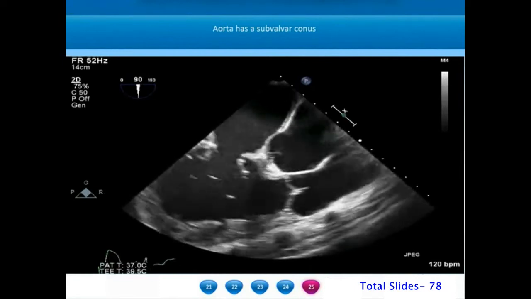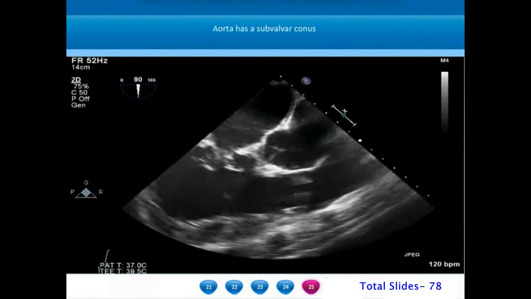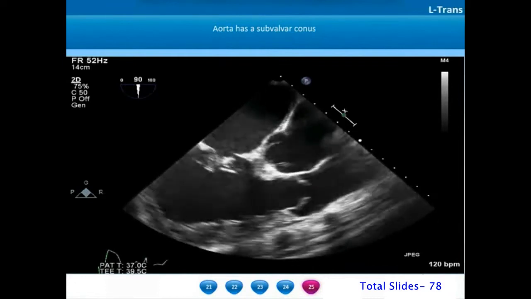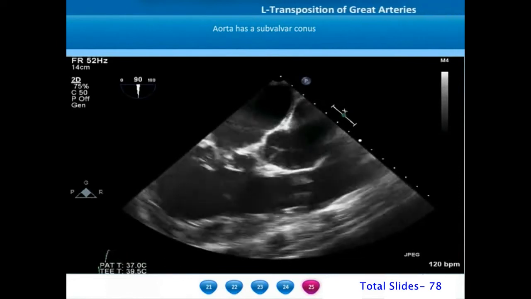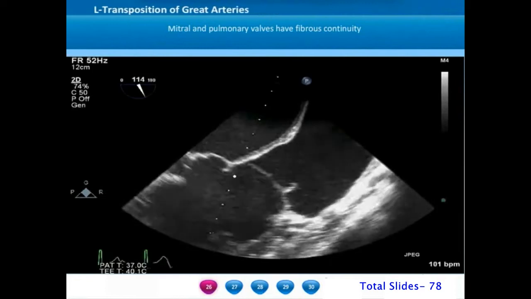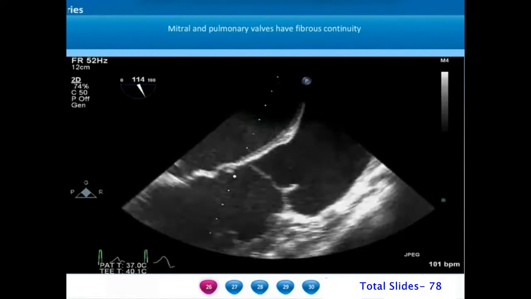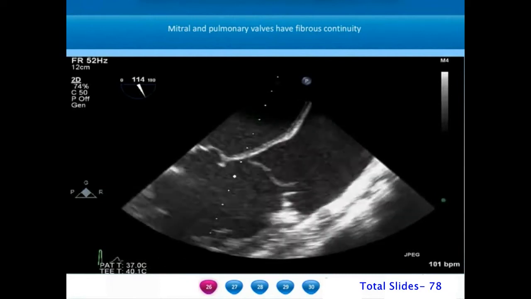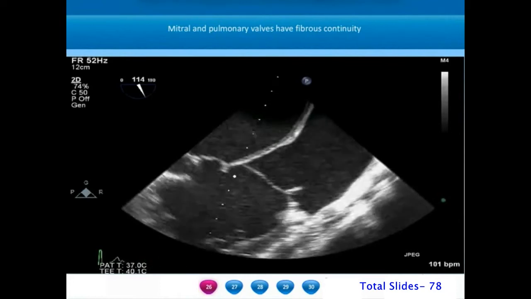However, the aortic valve, which is anterior, has a well-formed subaortic conus, and is separated from the atrioventricular valves. In this magnified view, we can appreciate the close relationship between the atrioventricular valve and the pulmonary valve annulus.